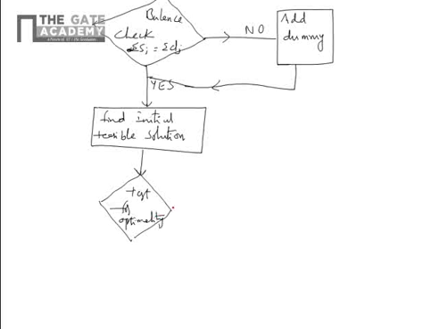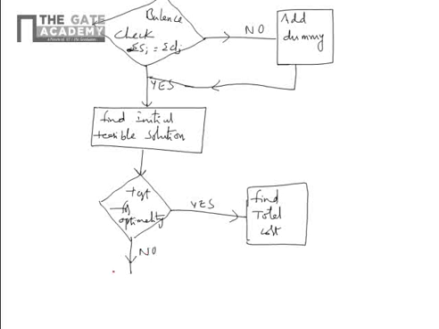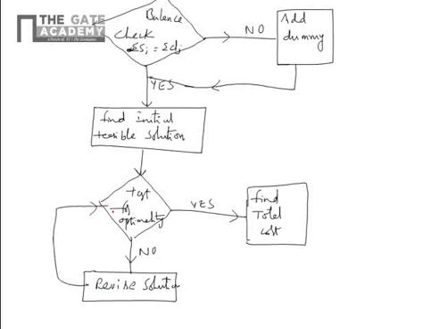If the solution is optimal, then that is called the optimal allocation. Find the total cost; this is called the transportation cost. If it is not optimal, then revise the solution. These are the major steps in the transportation problem.